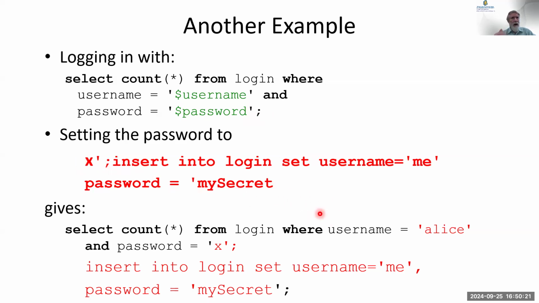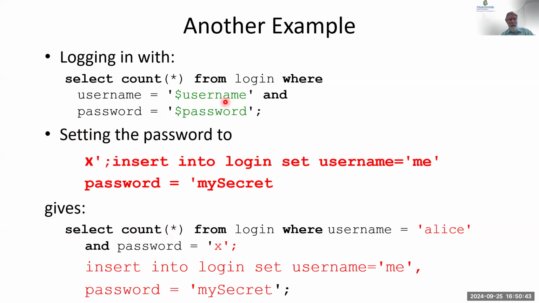In a SQL injection, you have to have an even number of single quotes, because you're counting on the fact that there's an even number in the query, and this accounts for the ending one, and that accounts for the start of the new ending one. So user ID is insert login.